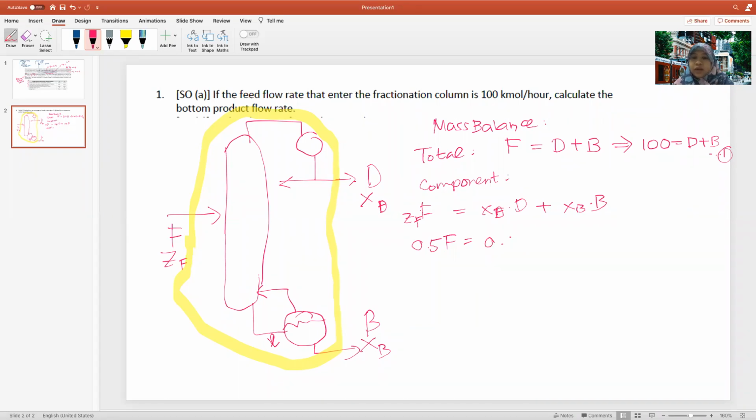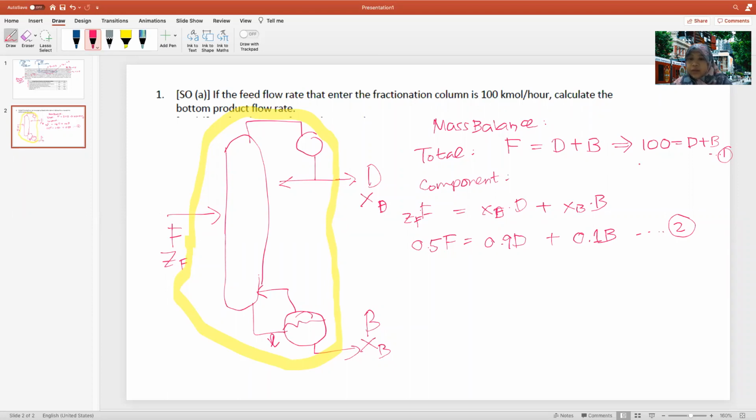This is 0.9 D plus 0.1 B. Okay, so now you have two equations and two variables, D and B, and you can solve for the values of D and B. Okay, can someone try to solve this one?